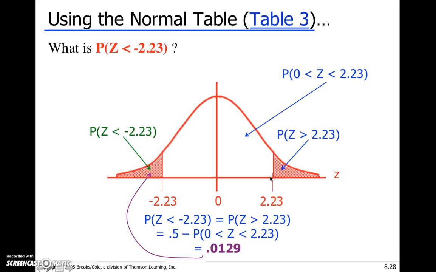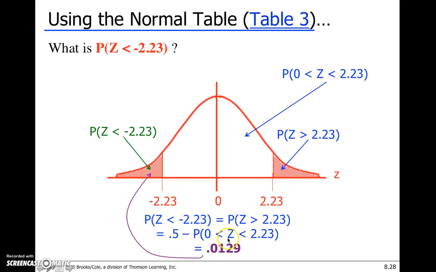This can be read from the table. The probability z is less than 2.23 works out to be 0.5 minus the probability z is less than 2.23, which is read from the table, and the result is 0.0129.